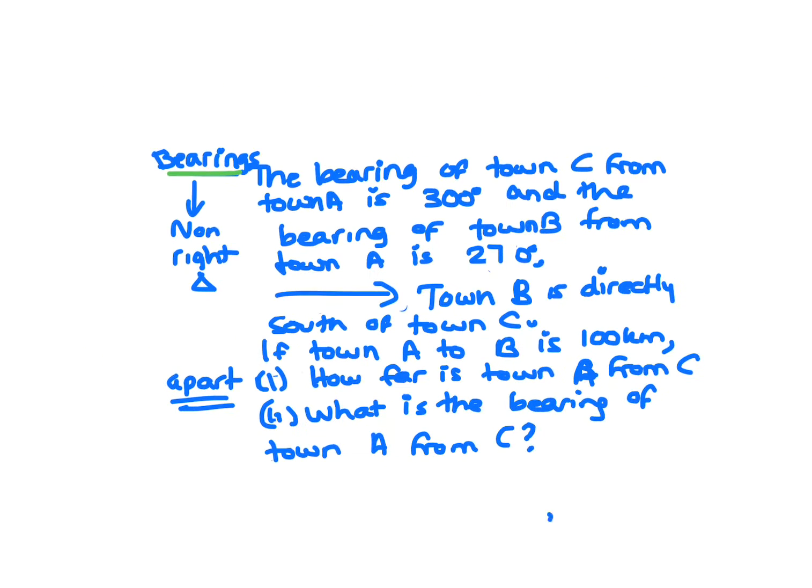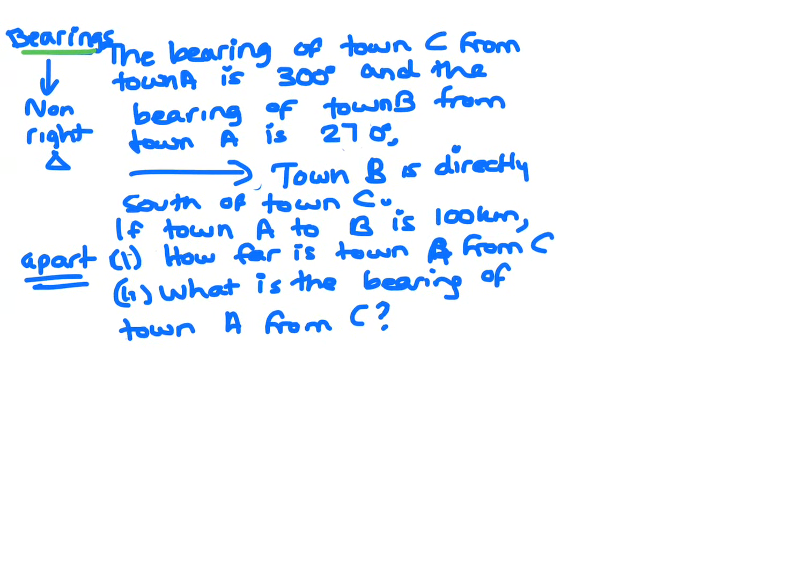The first thing we've got to do is draw our diagram. The bearing of town C from town A: from town A, we want town C, which is 300. So it's going to come all the way around here.